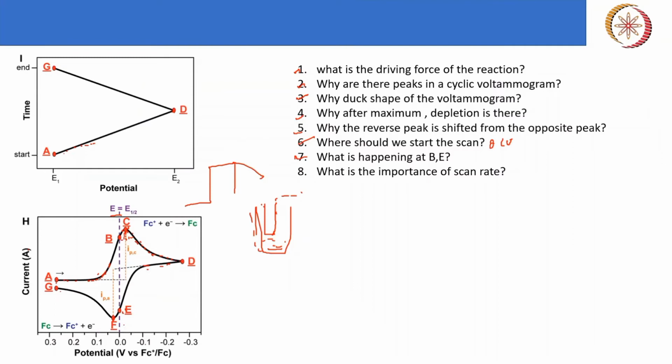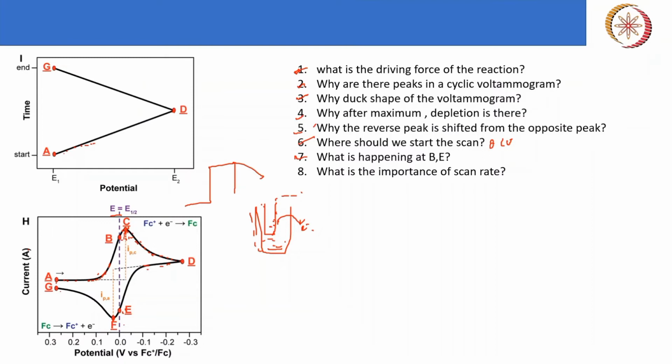If you want to reduce your analyte, you can increase the energy of your electrode, so that it can donate the electron from the electrode to the analyte. So the driving force of the reaction is the applied potential from the potentiostat.